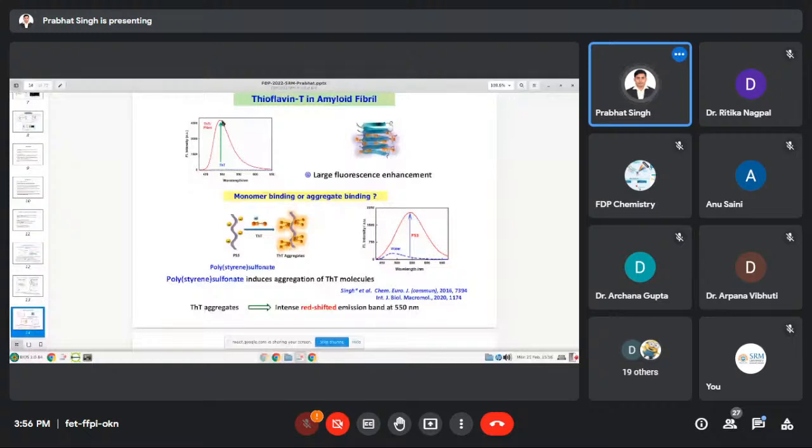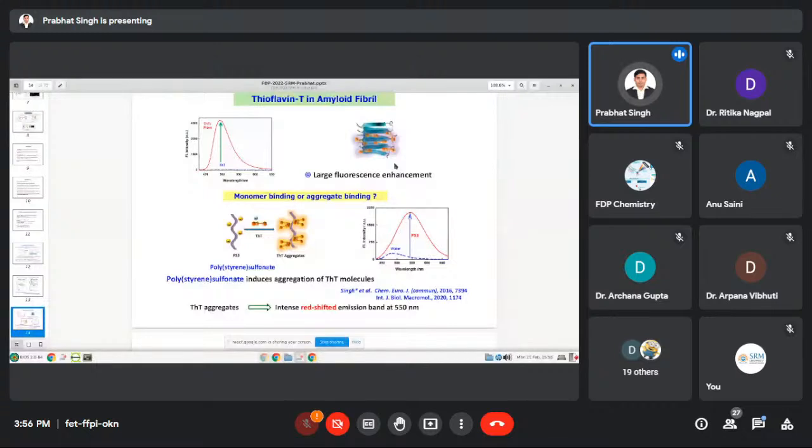So we tried to solve this question, whether it is a monomer binding or an aggregate binding, by just seeing the peak position of the emission spectrum, right? So in a nutshell, what we conclude is that polystyrene sulfonate induces aggregation of ThT molecules, and this controversy of which way the molecule binds to the amyloid fibril is kind of sorted out.